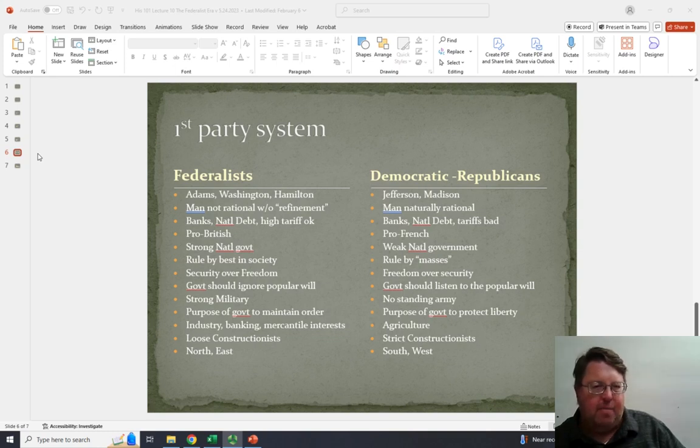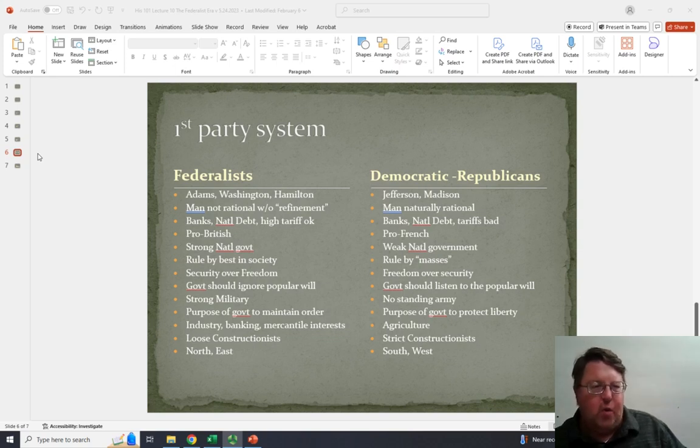Federalists were men like Adams, Washington, Hamilton. For them, banks, national debt, high tariffs are okay. Federalists want a strong national government. Taxes, regulation, a strong military, the purpose of the government to maintain order.